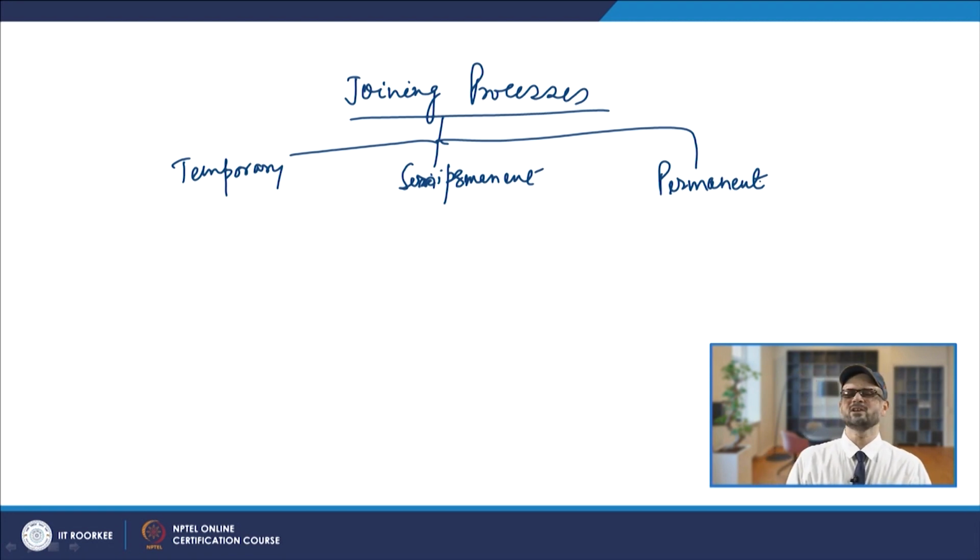Again, in permanent type of joining processes, you may have classification based upon the type of heat source. Whether you apply pressure or you are not applying pressure, your type of source may be based on electric, or based on chemical, that is fuel. You will have basically fusion type of welding in these cases, and when you fuse the material and do the joining, because of the high temperature there is likelihood, and certainty also, of changes in the microstructure of the material in a zone.